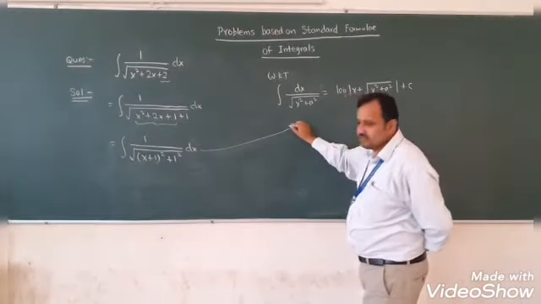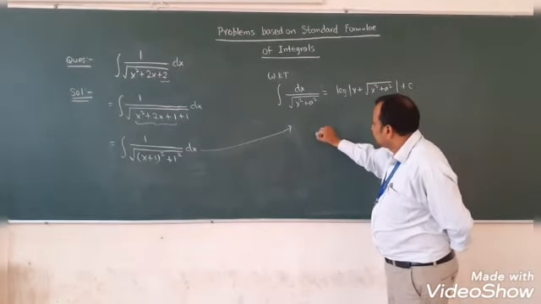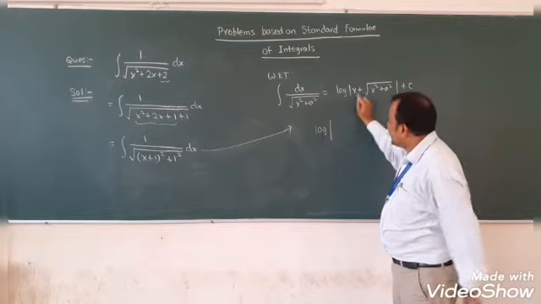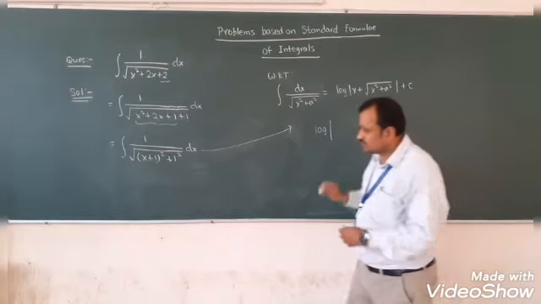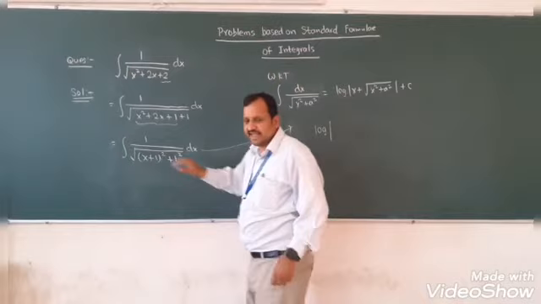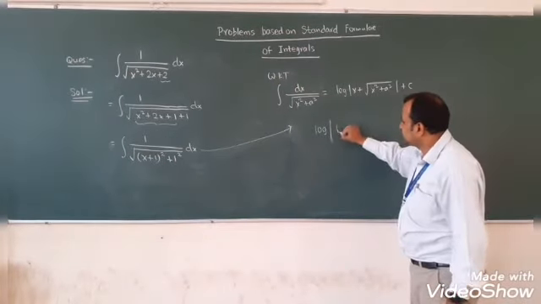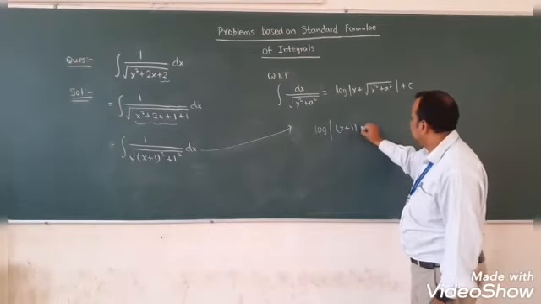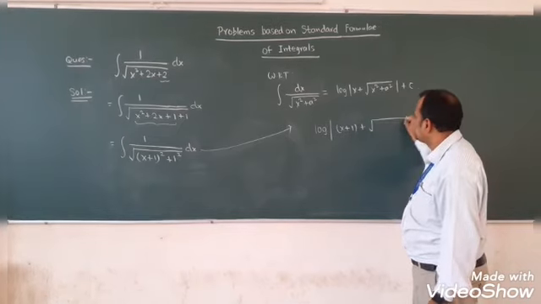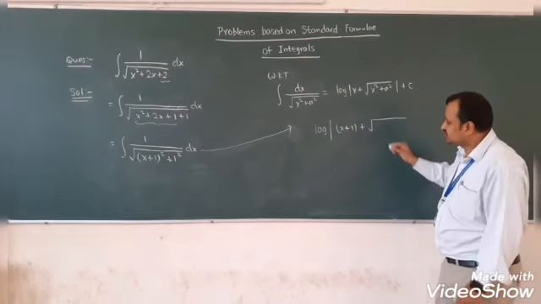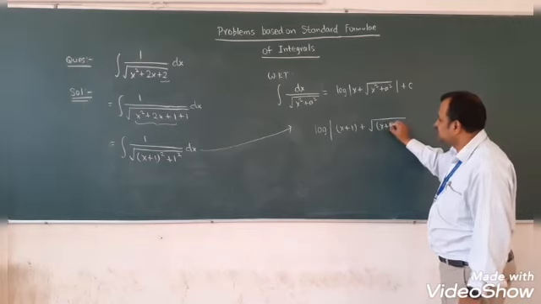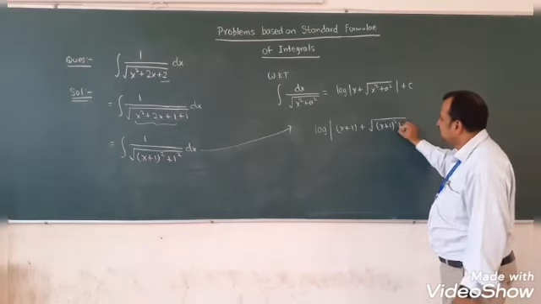So this will become log of x, where x is nothing but x plus 1. So log of x plus 1 plus square root of x square, which is again x plus 1 whole square, and a square is nothing but 1.